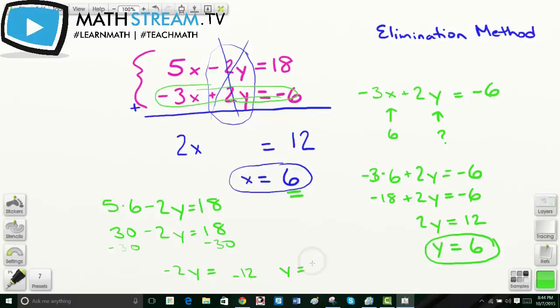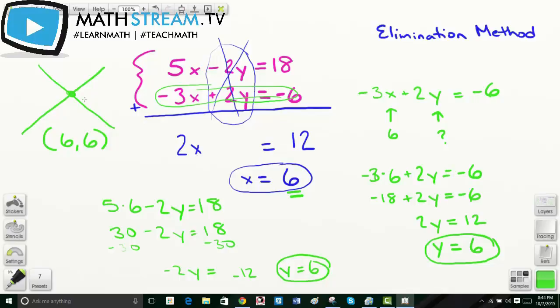Look, y equals 6. So I show you that only to say it doesn't matter which equation you decide to plug x into, either way you're going to get the same value of y. And the reason that happens is because that's the solution. The idea is that if I were to graph one of these lines and graph the other one, they'd intersect at one point. Well, in this case, that point is the point 6, 6. X equals 6, y equals 6. That's the point of intersection.